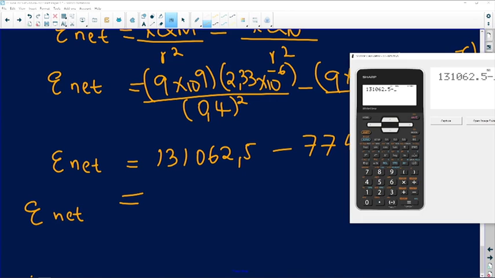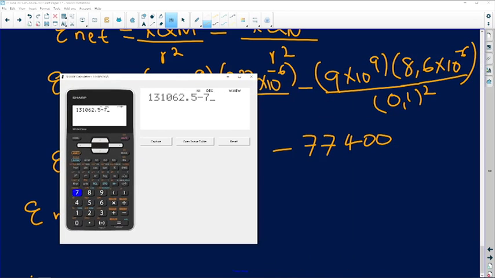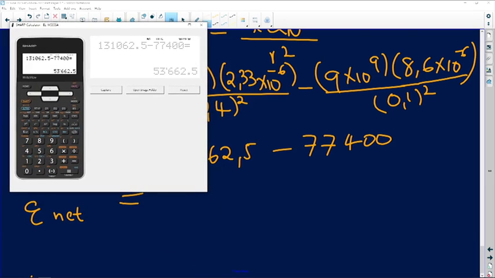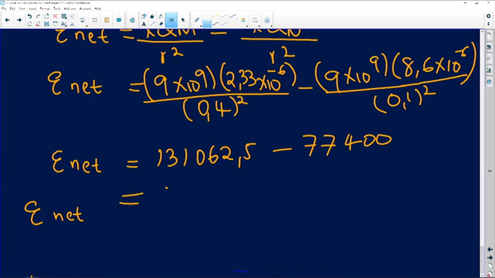Minus 77400, and the answer we're supposed to get is 5366,2,5, and our unit here is N/C. That's the answer we're supposed to have.